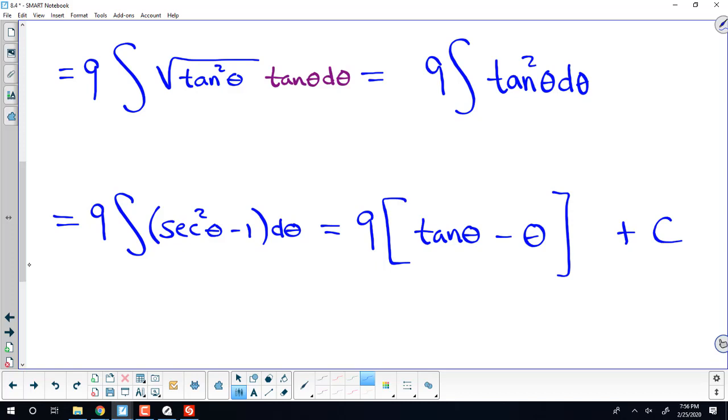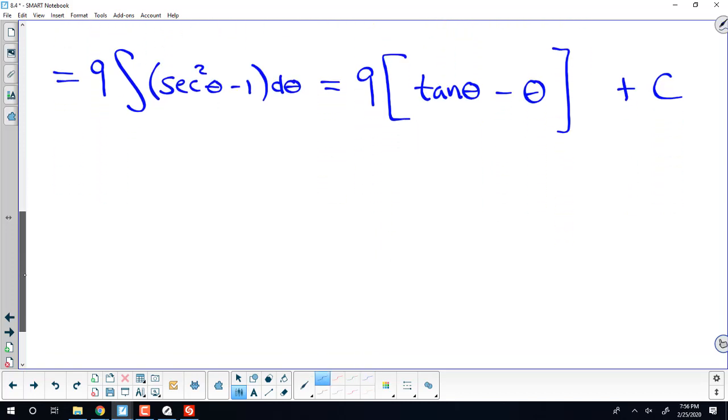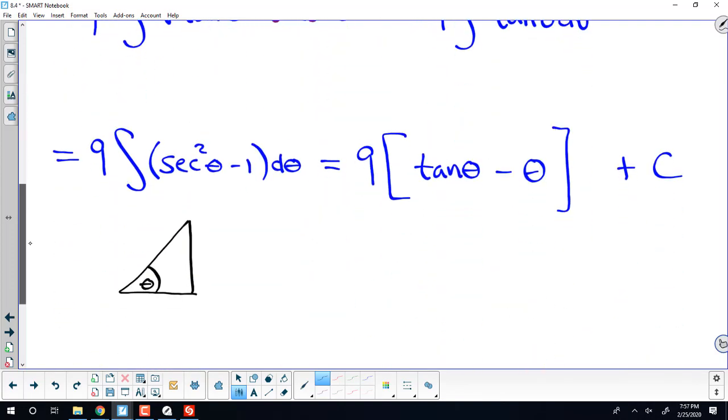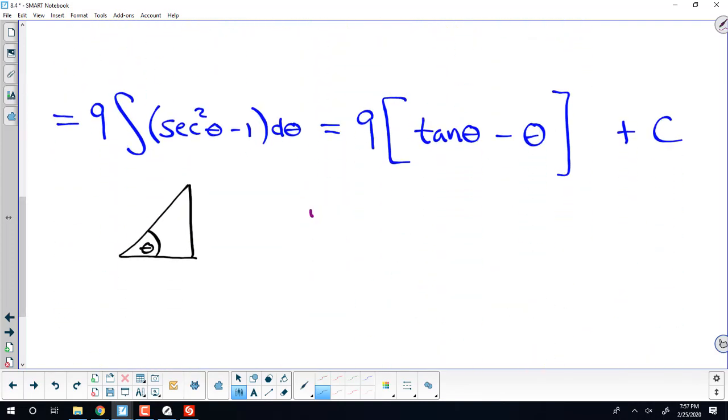So that's what we had. Turn this back into x. y over 9 is secant theta, that is our substitution. Okay. Anybody have any questions?